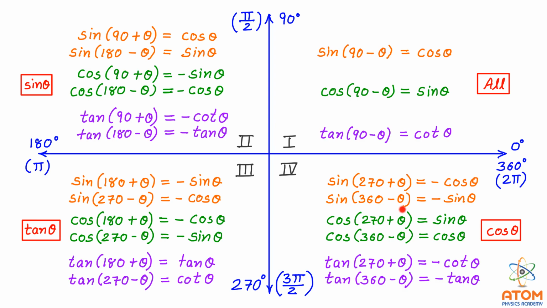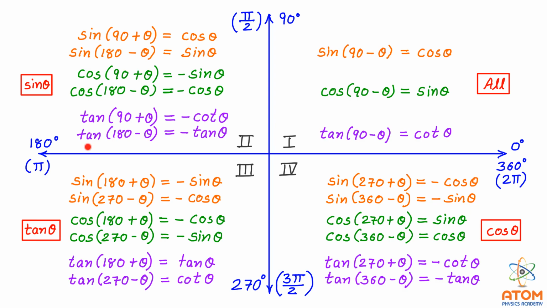Let us check this one. Here it is sin(360 minus theta). So obviously it is the fourth quadrant. In the fourth quadrant cos is positive but sin is negative. So here we have to take a minus sign, and because this is 360, sin will remain sin only, so it is minus sin theta.